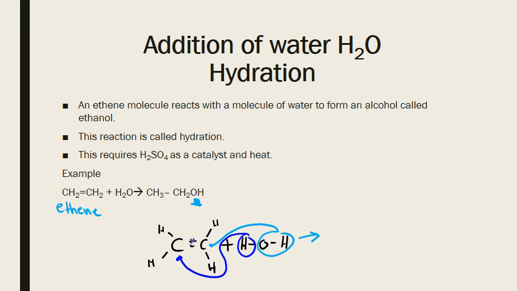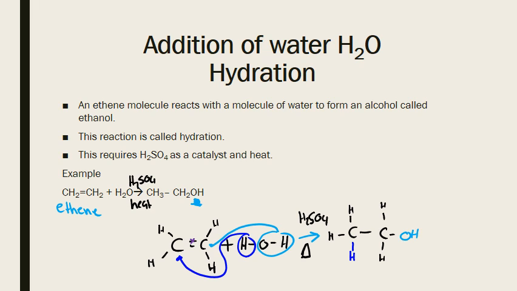Remember, this needs H2SO4, which is sulfuric acid, and heat. We need to write it up here as well, H2SO4 and heat. So what will happen? So we'll have CH2 and then another H was added from the water. Then we have another CH2 and an OH is added from the water.